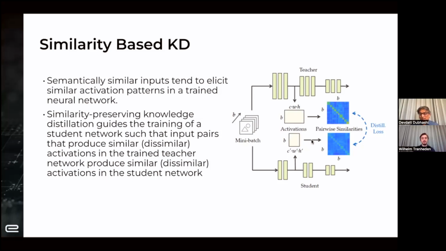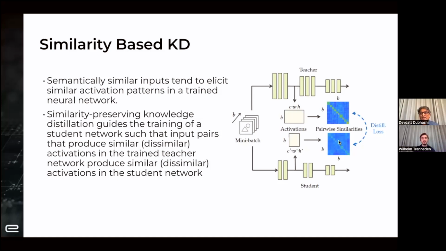And we similarly get the same similarity matrix based on the student representations. Now we are in a position to make distillation work because we have two objects of the same dimensions. We have a B by B teacher similarity matrix, and we have a B by B student similarity matrix. And this is what we can use to do the distillation loss.